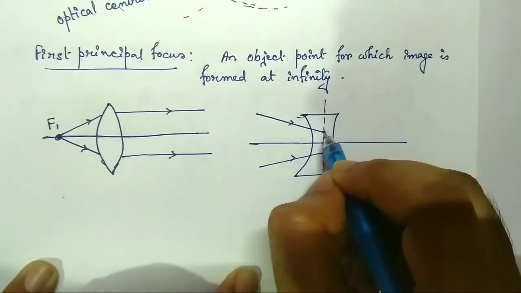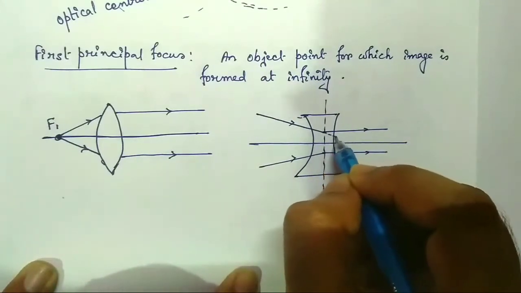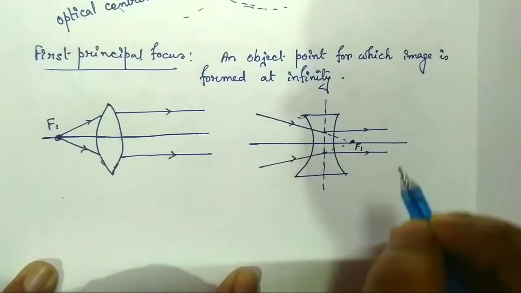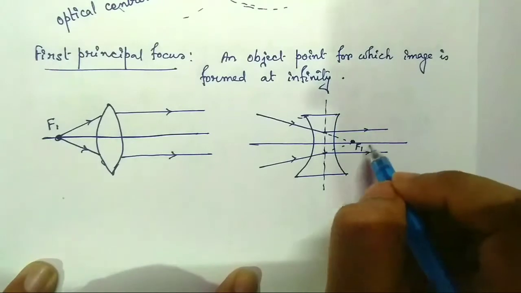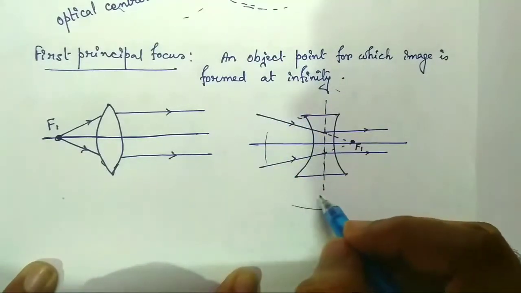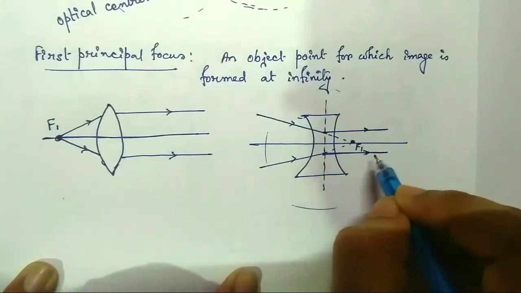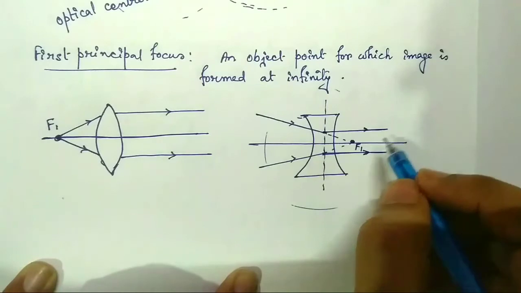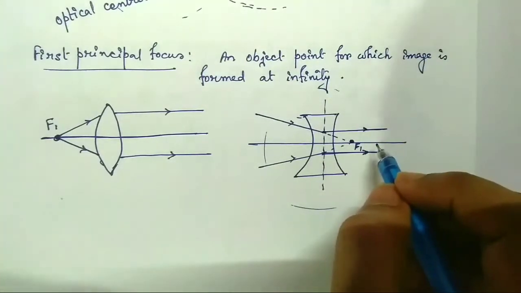After refraction, they become parallel and they are supposed to meet at the point F1. So F1 is the first principal focus for the biconcave lens, and after refraction the light beams become parallel, so they are supposed to meet at infinity, so the image will be formed at infinity. Okay, so F1 is the first principal focus.